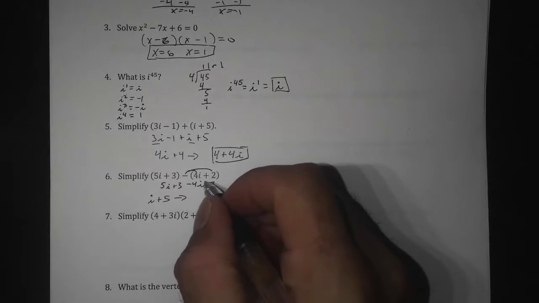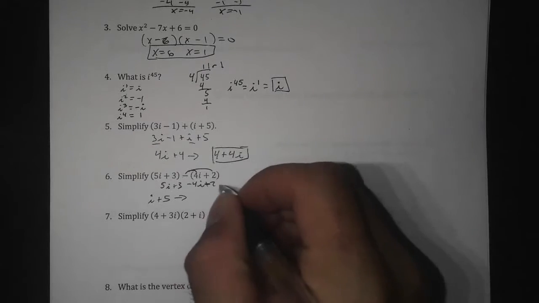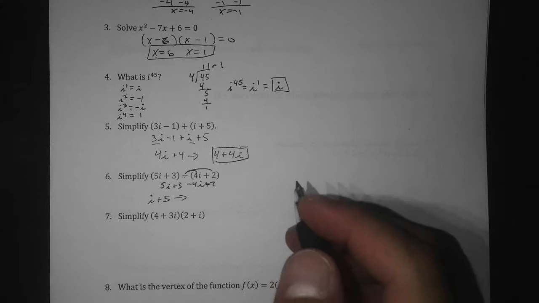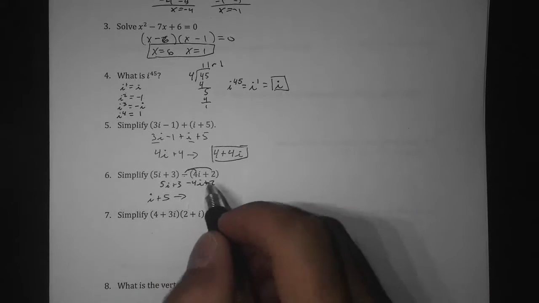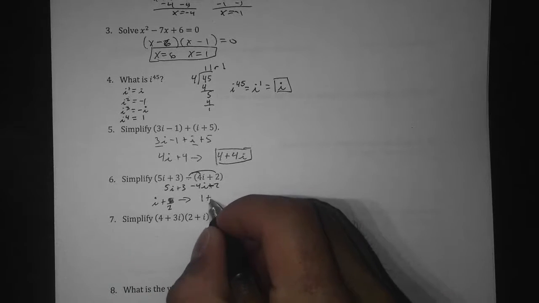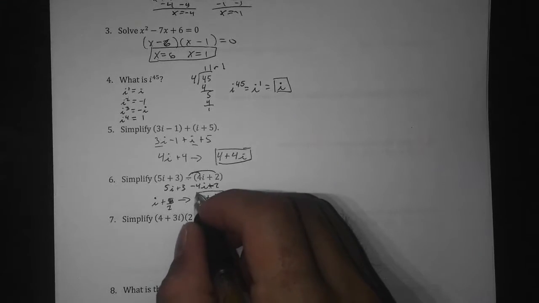So look, I screwed up already. This should be negative 2, right? A negative and a positive is negative 2. So then we're going to have 3 minus 2. This here is just going to be 1. So we get 1 plus i. Right? So let's take our time with this.